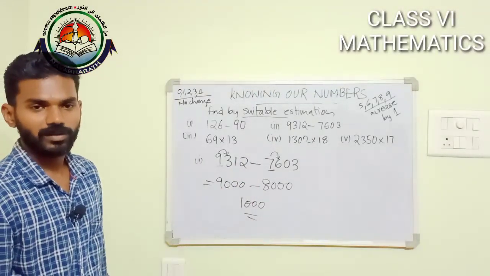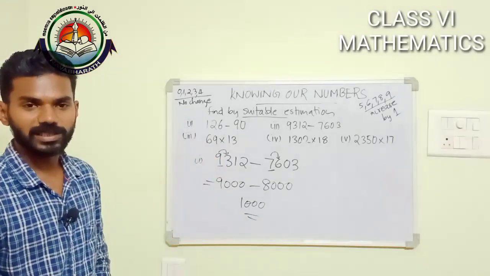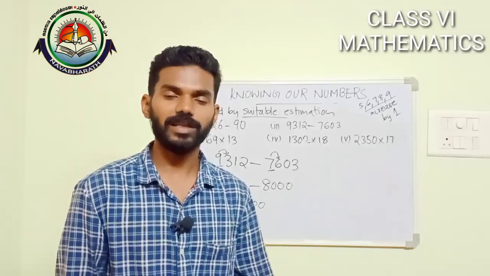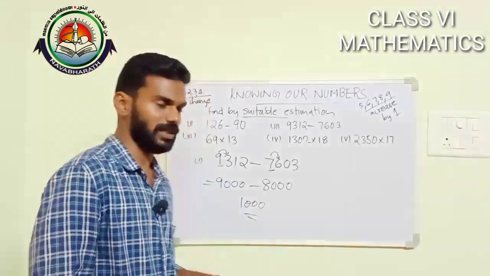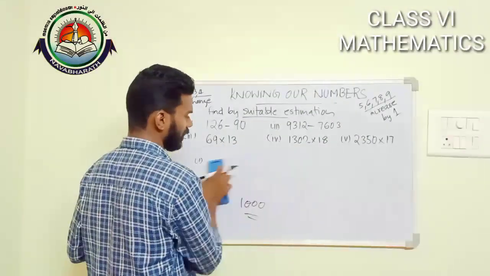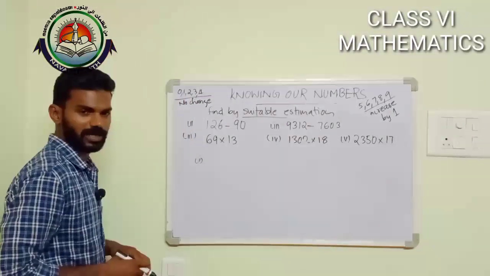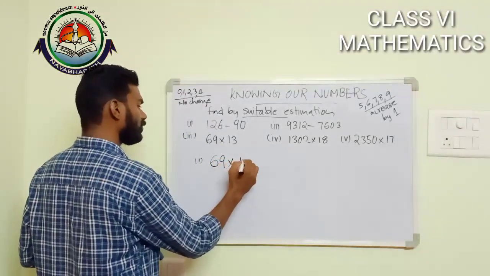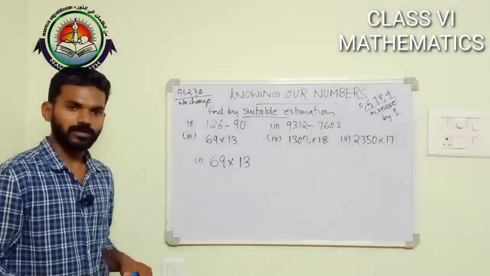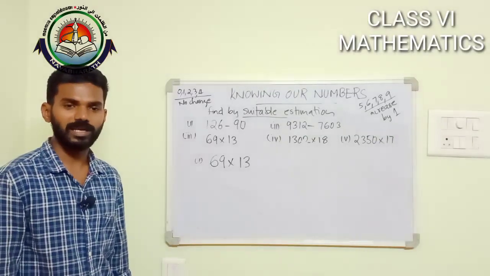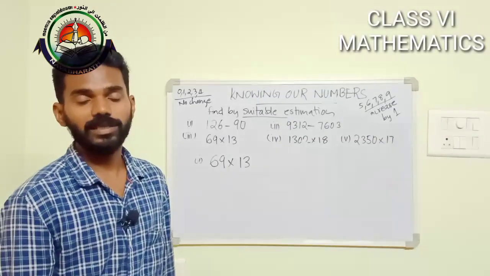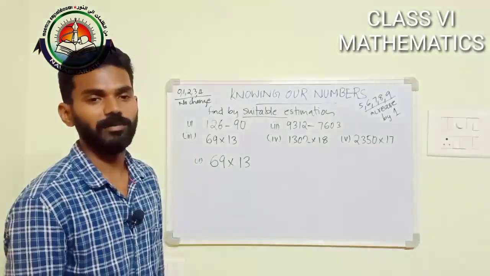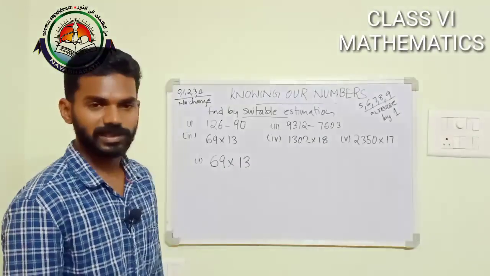Clear? Now let's do multiplication. For multiplication, there are some other rules related to estimation. So let's check it out. Here is another question for you related to a multiplication operation, and it is 69 into 30. While considering multiplication, the rounding off is done separately for each number in that operation.